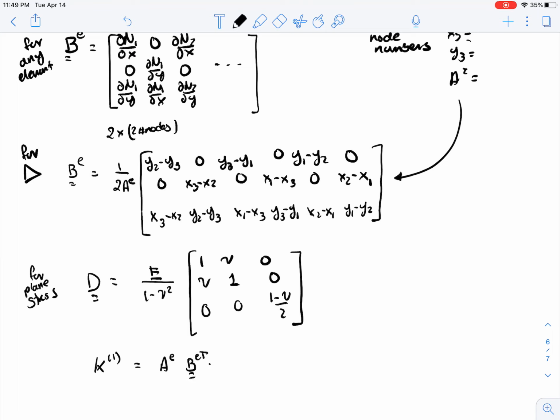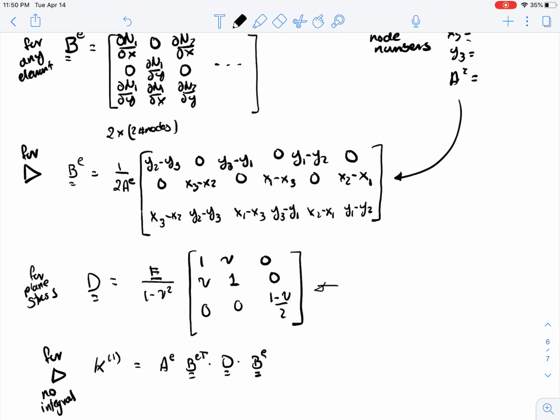So for the triangle, this is just the area of the triangle times B transpose times D times B. So for the triangle, no integral, just multiply by the area.